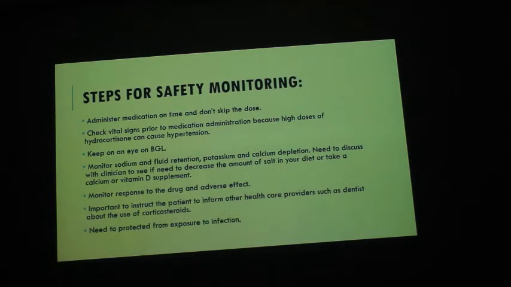Monitor sodium and fluid retention, and potassium and calcium depletion. Monitor response to the drug and adverse effects. It is important to instruct the patient to inform other healthcare providers, such as the dentist, about the use of corticosteroids. Need to protect from exposure to infection.